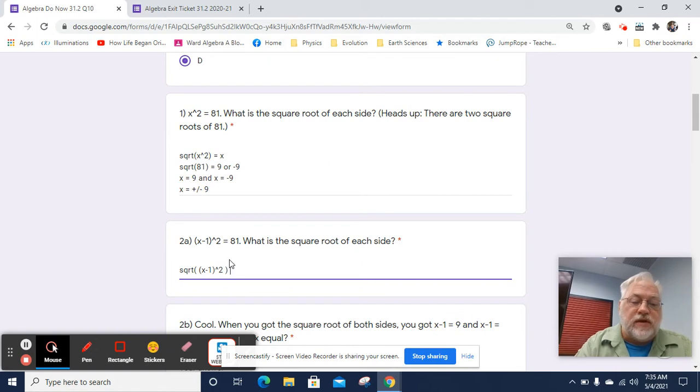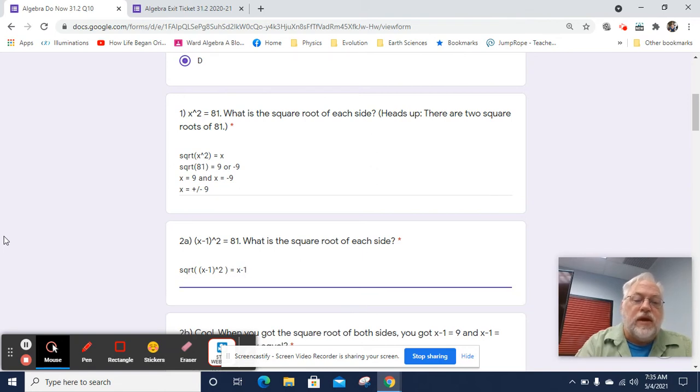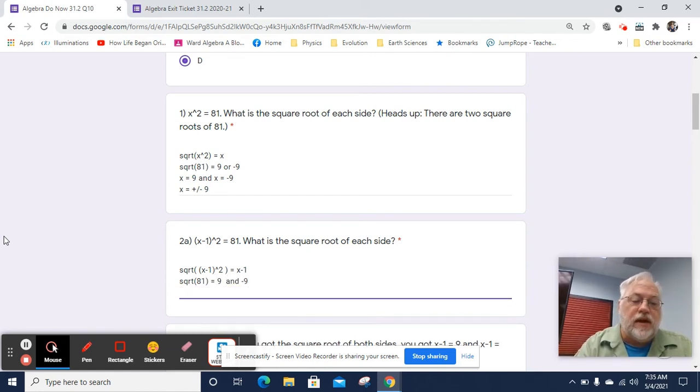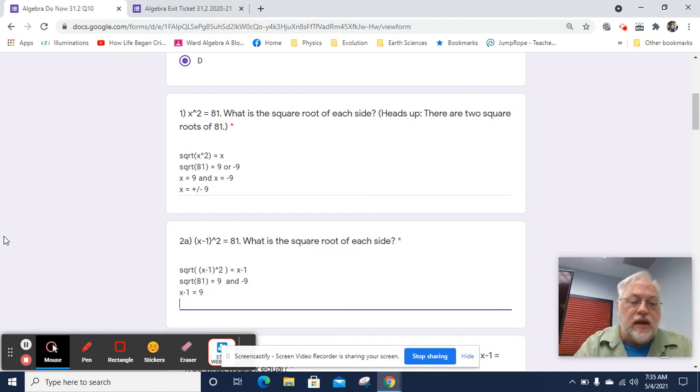The square root of (x minus 1) squared is just going to be x minus 1 because the square root cancels the square. And again, we know that the square root of 81 equals 9 and negative 9. So that tells us that x minus 1 equals 9 and x minus 1 equals negative 9.